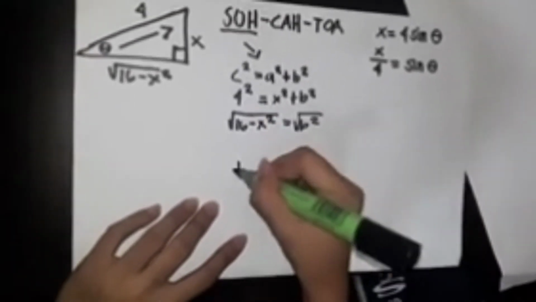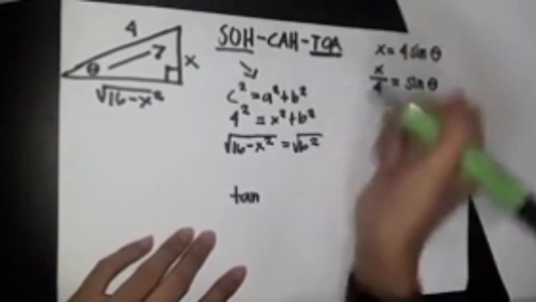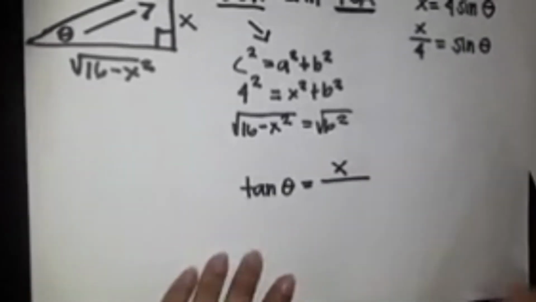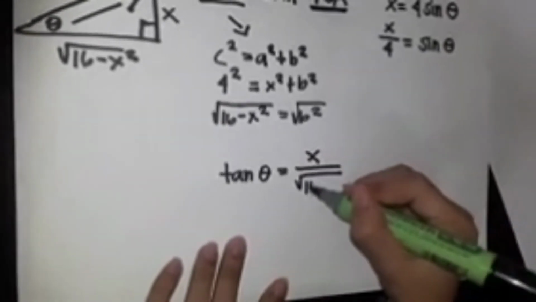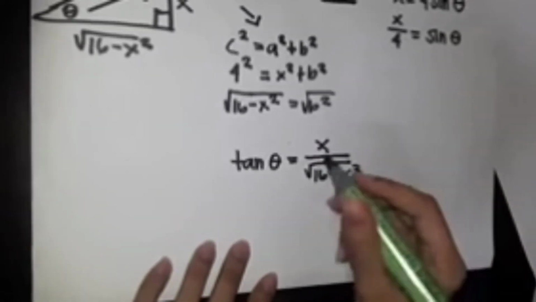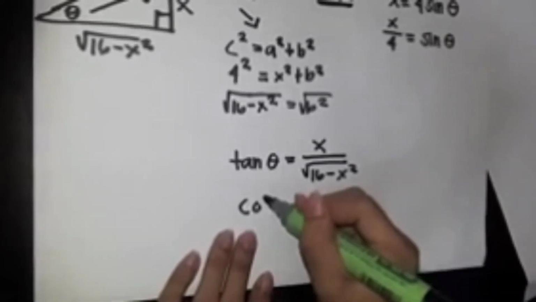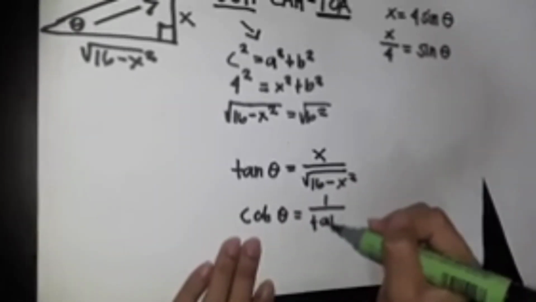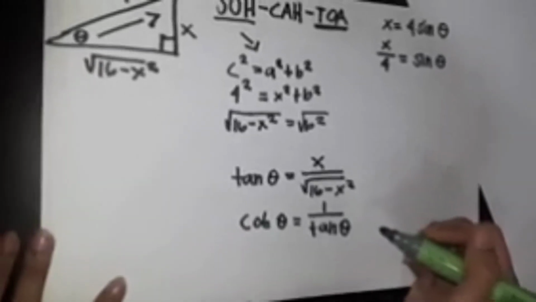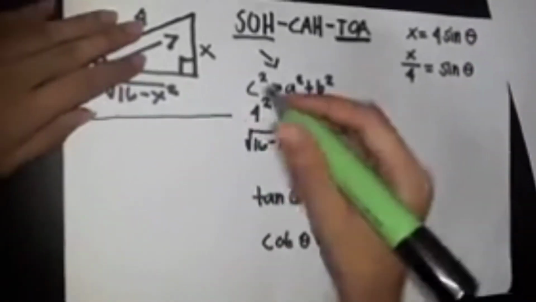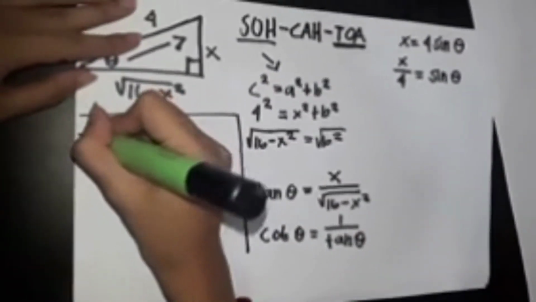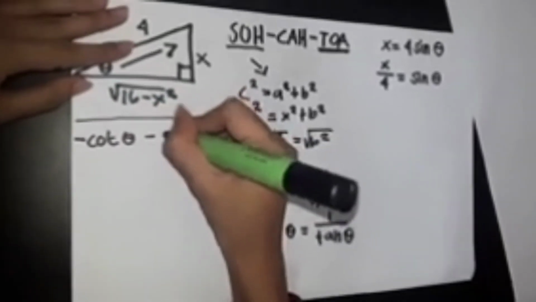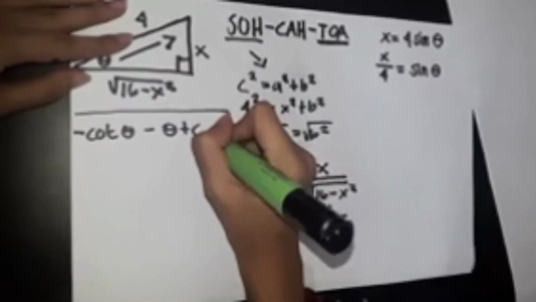Now, let us use the TOA, which is the tangent, opposite over adjacent. So, tan theta is equal to x over the square root of 16 minus x squared. And our cotangent, cot theta, is equal to 1 over tan theta. Our answer here is negative cot theta minus theta plus c.